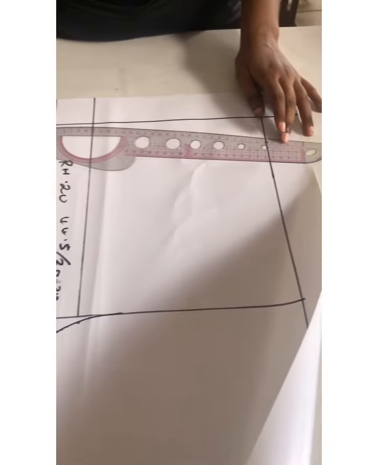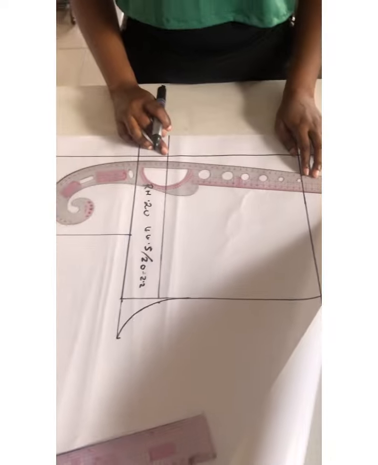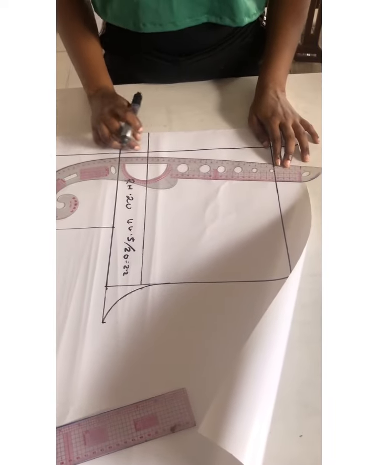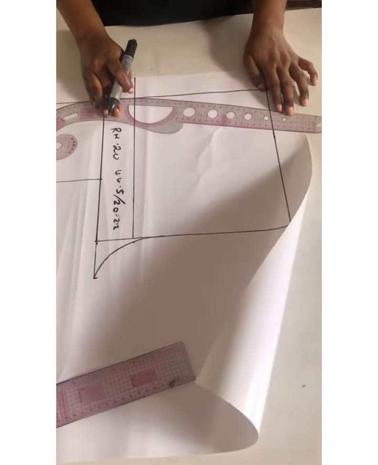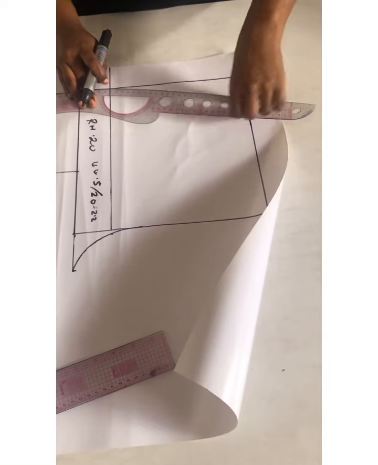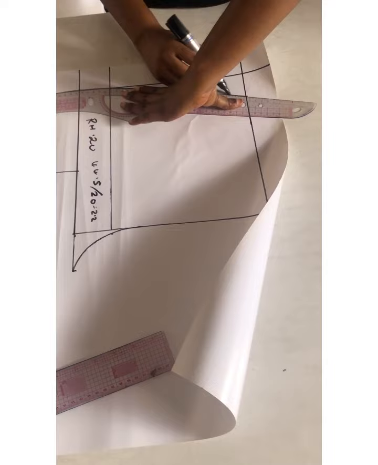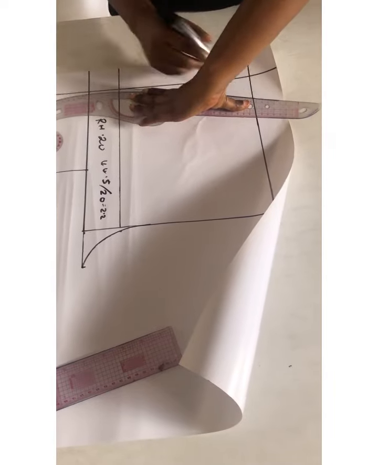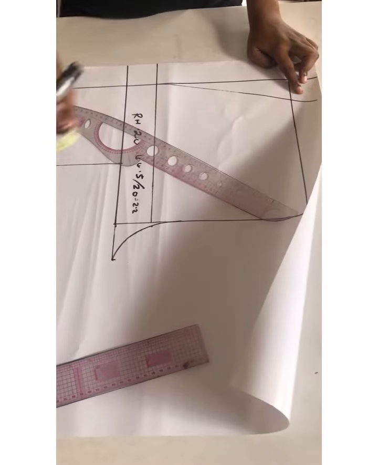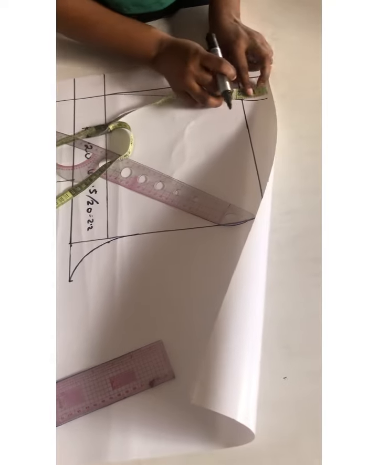Now I'll be using my curve to connect it back to our hip. And I'll raise it up by 0.5.